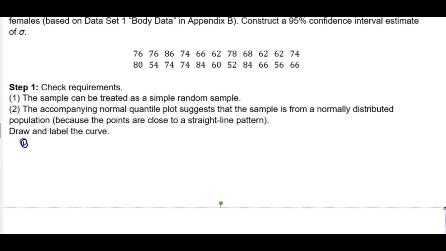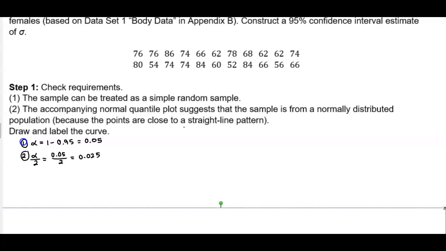First, we want to find out what alpha is. Alpha is going to equal 1 minus 0.95, which gives us 0.05. And then number 2, we take alpha and divide that by 2. So 0.05 divided by 2 gives us 0.025.